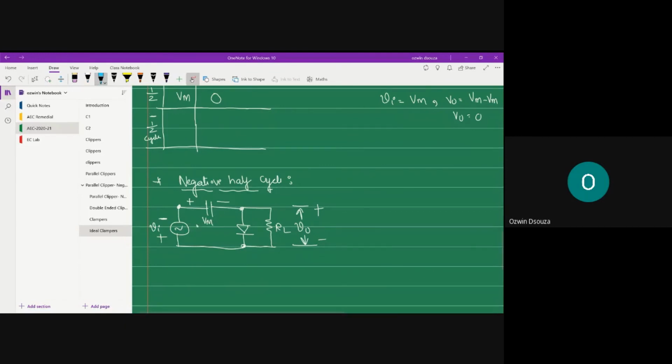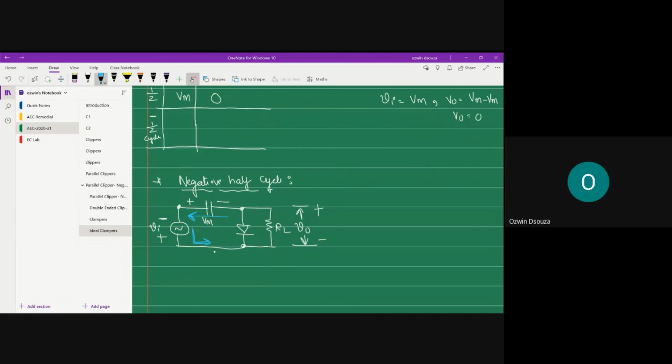In the negative half cycle, it is clearly visible that both the sources, Vi and Vm, are trying to circulate the current in the anti-clockwise direction and thereby reverse biasing the diode. So this is how the capacitor is trying to circulate the current, and this is how the source is trying to circulate the current.